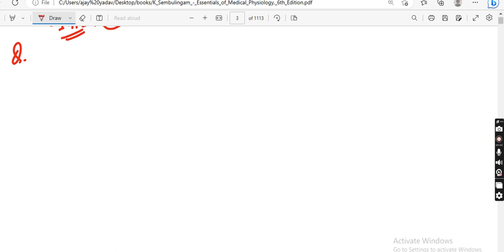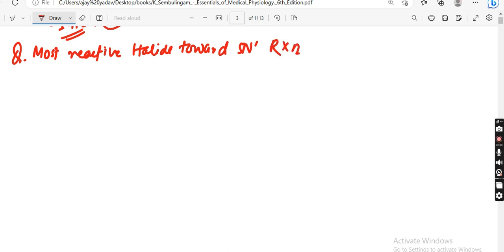Which of the following is the most reactive halide toward SN1 reaction? Option A is secondary butyl halide.